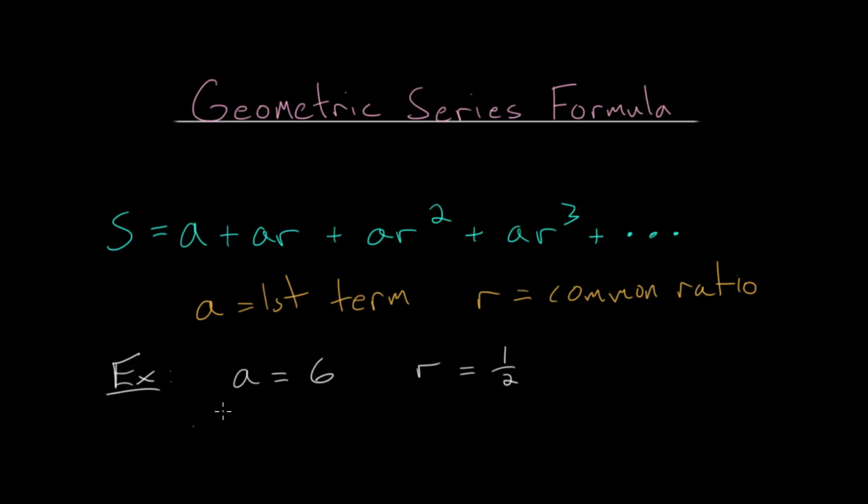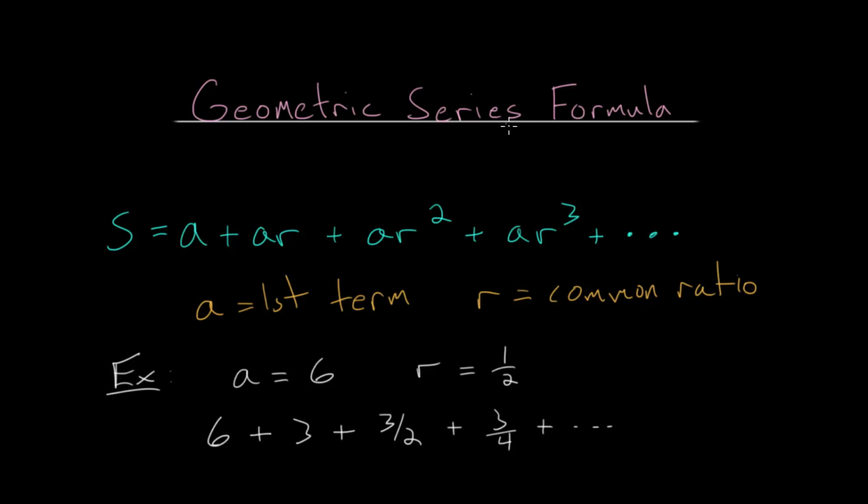So this series would actually look like 6, since that's our starting term, plus our starting term multiplied by our common ratio, so 6 times 1/2, which is 3, and then we have 3 times 1/2, which is 3/2. 3/2 multiplied by 1/2 would be 3/4, and of course this is going to go on forever.